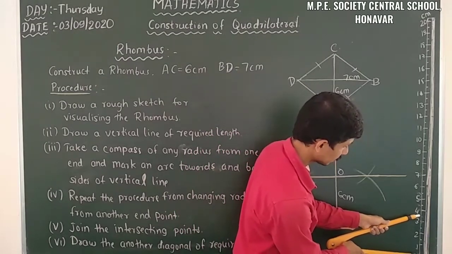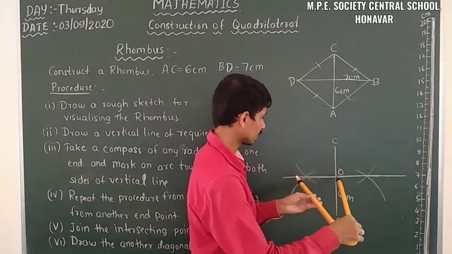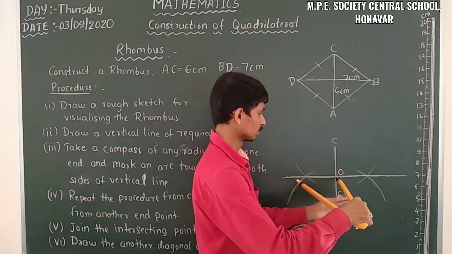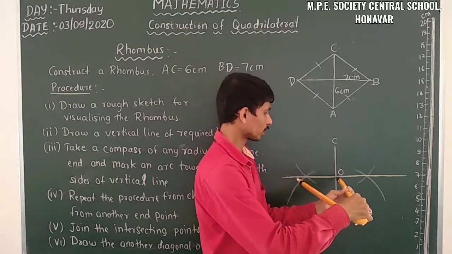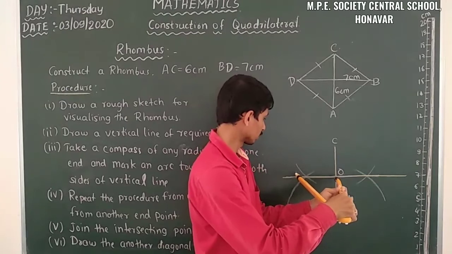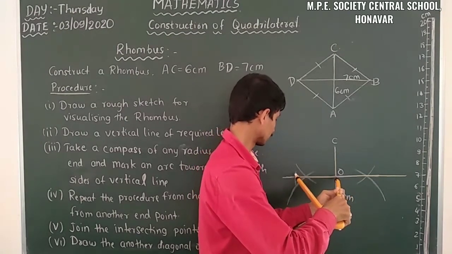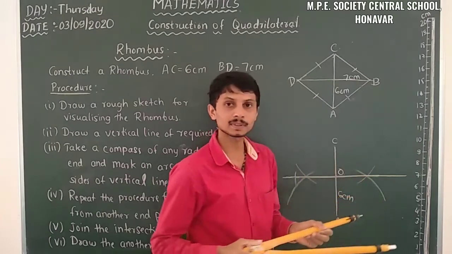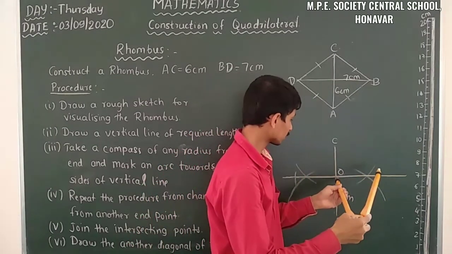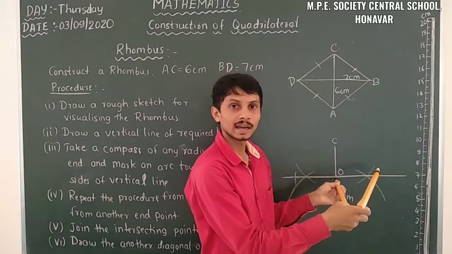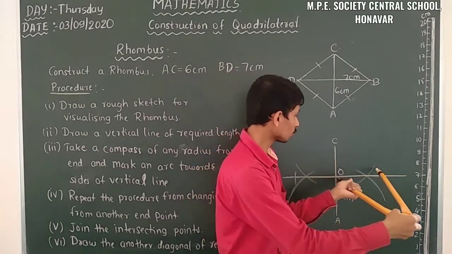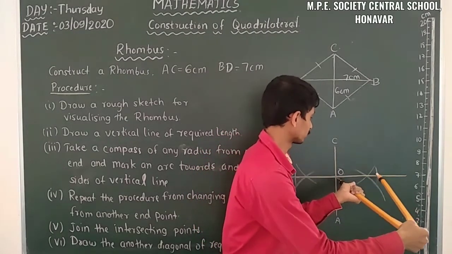Take the 3.5 length, locate on O and cut this line here. And after that, here also we take the same length, locate on the point O, then cut the line.